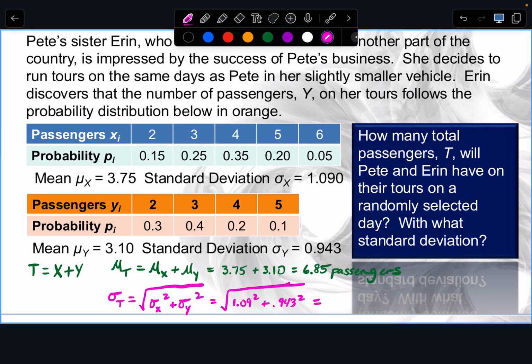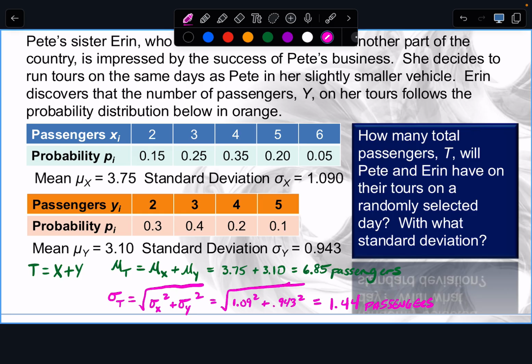And what do we get for a standard deviation? 1.44. Everybody getting that? Okay. So about 1.44 passengers. So on any given day, over many randomly selected days, they should expect a total of 6.85 passengers on average.